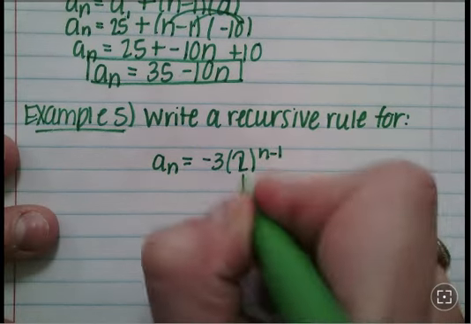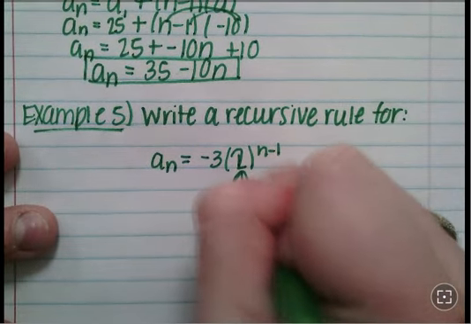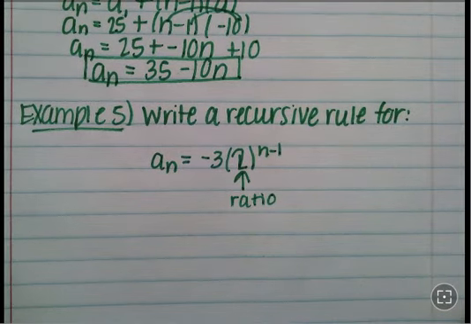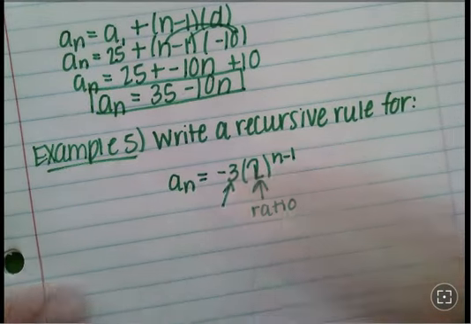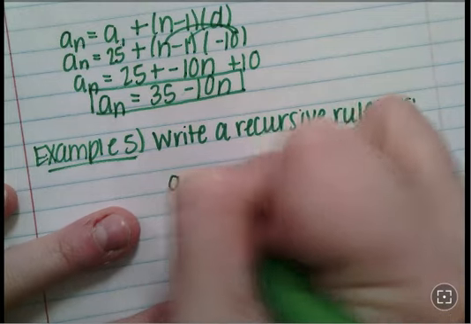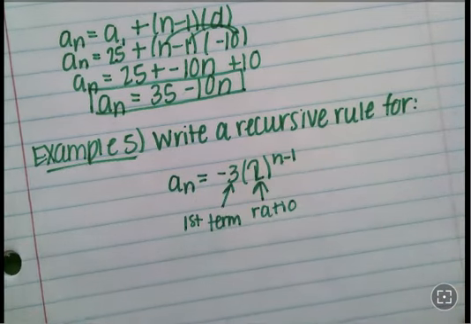So the first thing that you need to understand is that right there is the ratio. And then from what we learned in section 6.6, right there is your first term. That's when n equals 1.